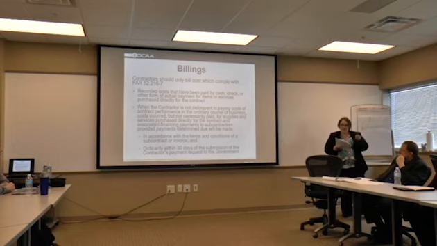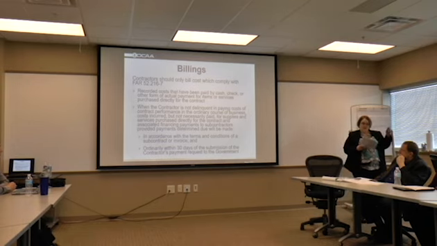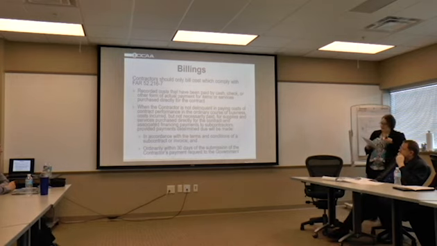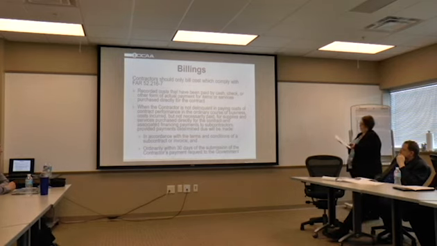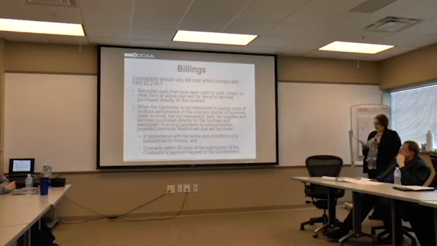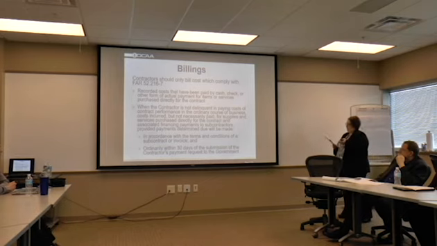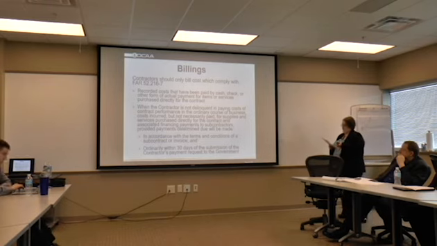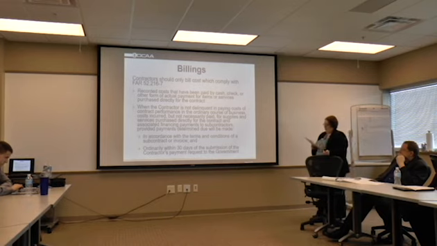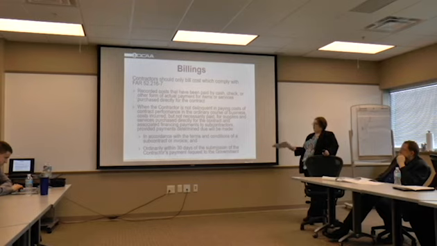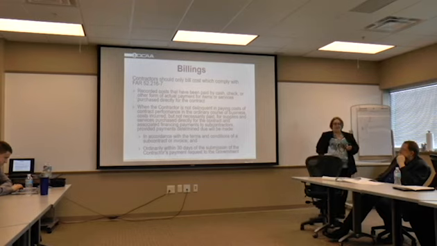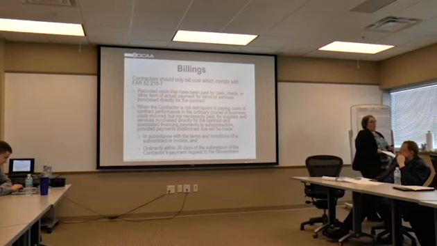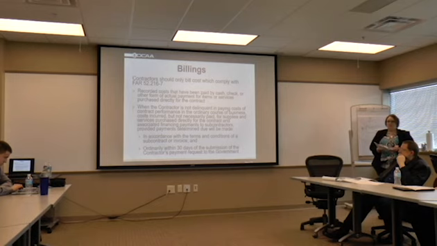Recorded costs that have been paid by cash, check, or other forms of accurate payment for items or services purchased directly for the contract, when a contractor is not delinquent in paying costs of contract performance in the ordinary course of business, costs incurred but not ordinarily paid for supplies and services purchased directly for the contract, and associated financing payments to subcontractors, provide that payment and payment determination be made, again, in accordance with the terms of the contract or ordinarily within 30 days. So this gives the detail behind the requirement to pay those suppliers and vendors.